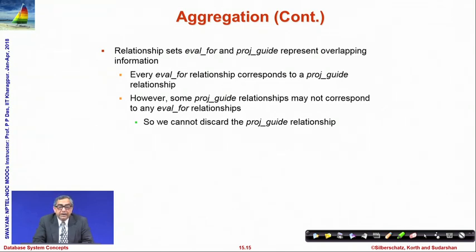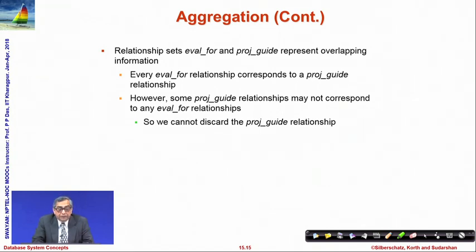That is, if I have an entity in the eval for relationship, I will have a corresponding entity in the project guide relationship which specifies the student, project and the instructor. But the other way around, it is possible that some project guide relationship may not correspond to any eval for relationship. That is, it is possible that a student is allotted a project with a particular instructor which has not yet been evaluated. The evaluation process is not complete or the time has not come.